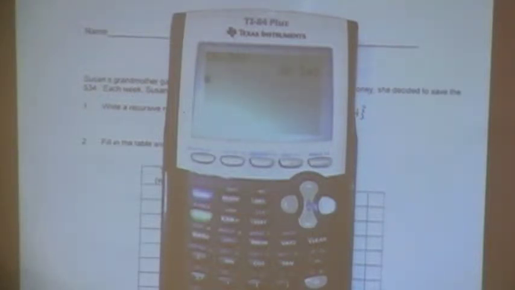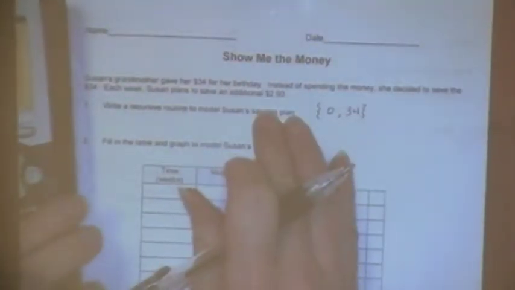Now, tell me, if you read this situation, every week, Susan plans to save an additional $2.50. So every week, the 0 is going to go from 0 to what? 250. Well, hold on. The 0 is going to go from 0 to 1, because that represents weeks.